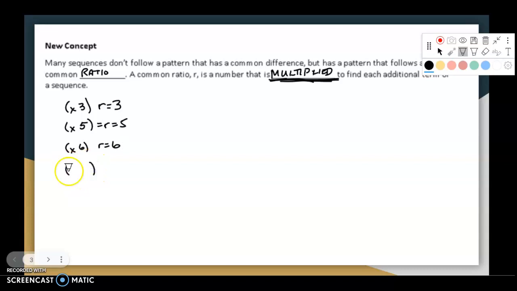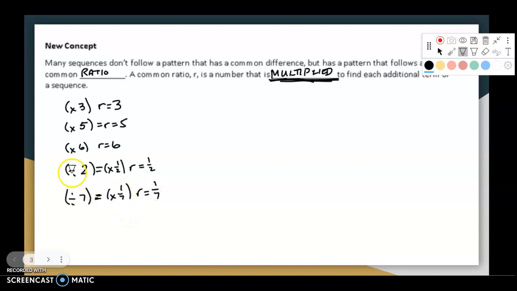But if I have a sequence where I'm dividing by 2, I can't say R is equal to 2. Dividing by 2 means I'm multiplying by 1/2. So I have to say R is 1/2. If I'm dividing by 7, I can't say R is 7. I have to say I'm multiplying by 1/7, the reciprocal. So R would be 1/7.